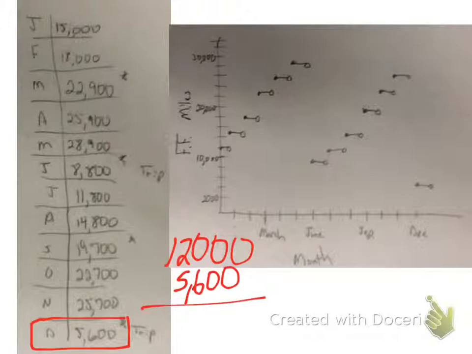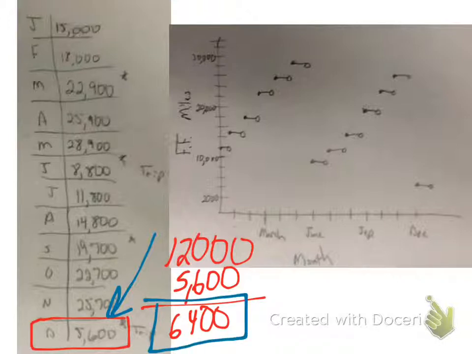That means over the course of the year, there was a net loss of 6,400 miles. Since he's starting the year at 5,600, he cannot lose 6,400, so he will not be able to do his usual trips. So problem D is no.